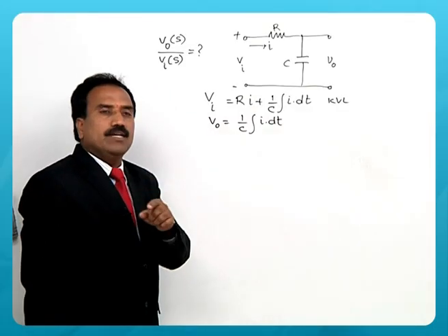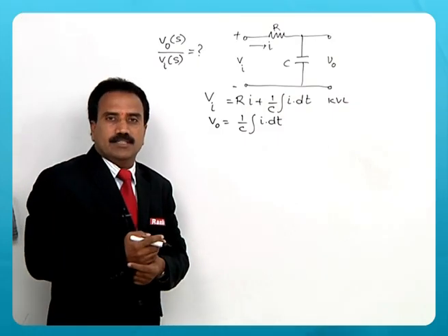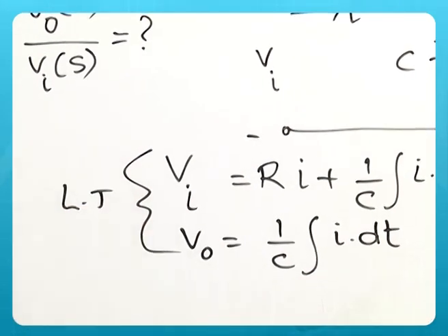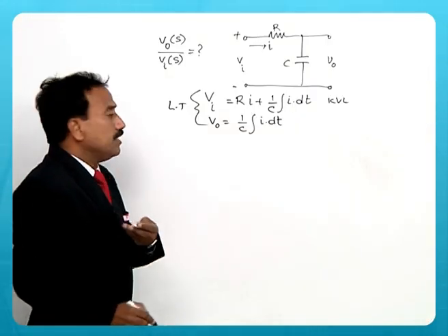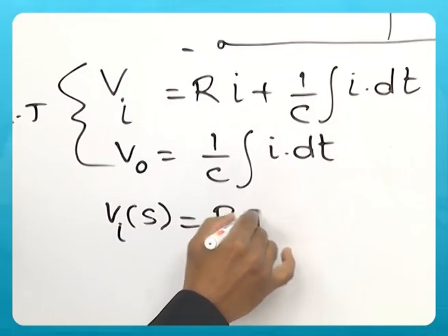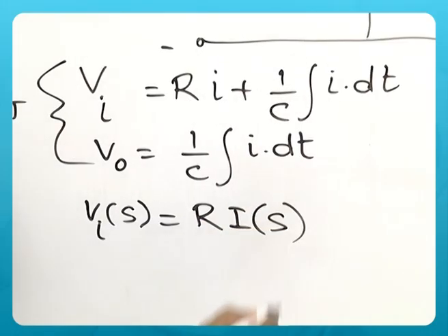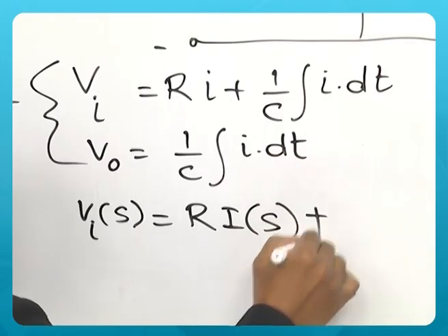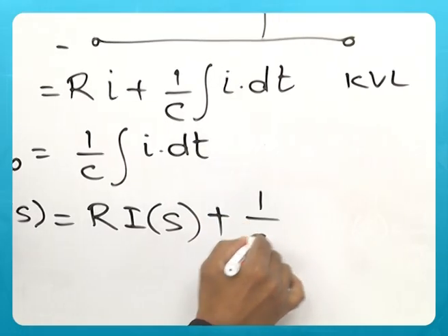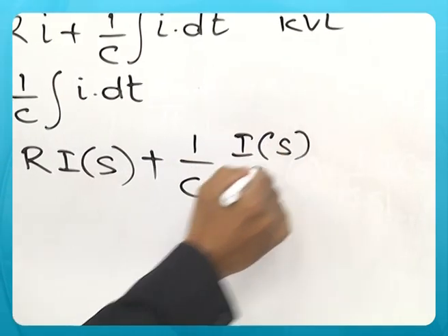If you are able to write these two equations, finding a transfer function is not at all difficult, because you need to apply the Laplace transform to these two equations. As I said, Vi is written as Vi of s, R is Laplace R only, but I becomes I of s, a function of s now, plus there is an integration involved in the capacitor given by 1 by Cs and I of s.